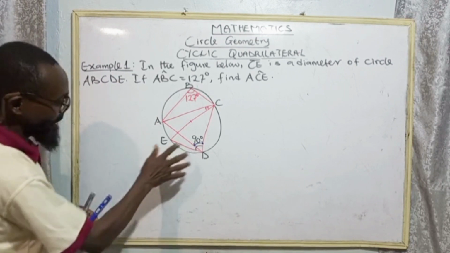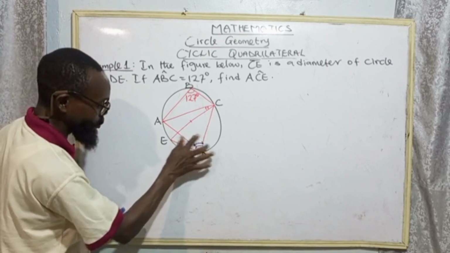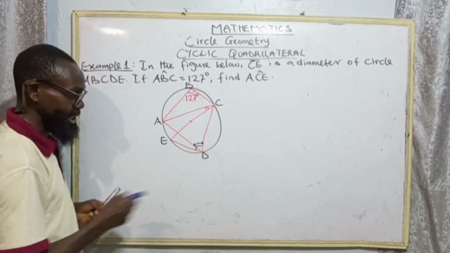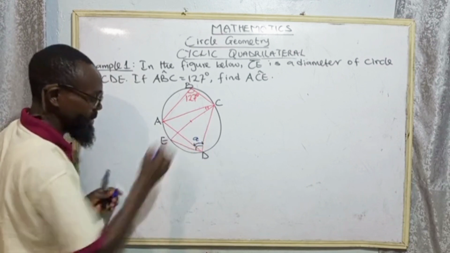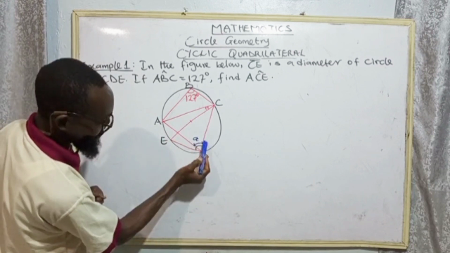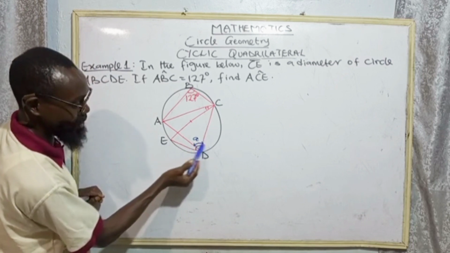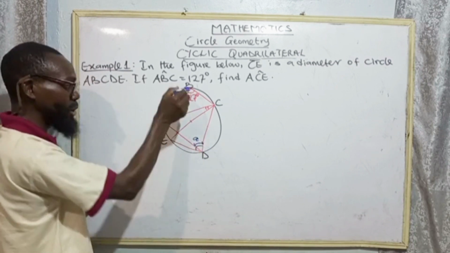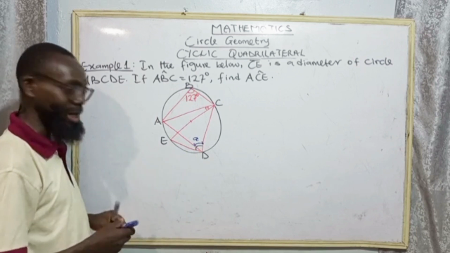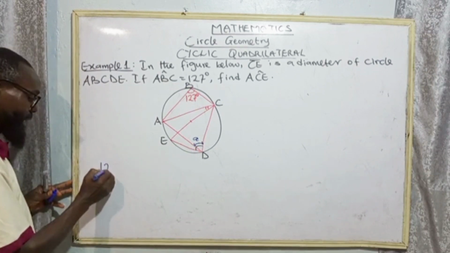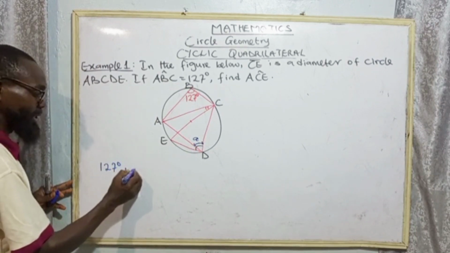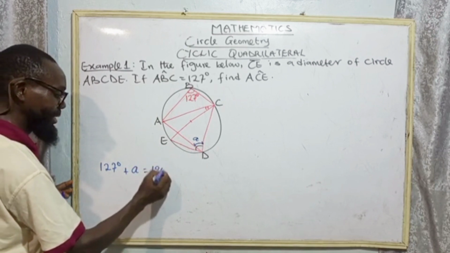Okay, let me remove this 90. I'm still coming back to put it back. This angle here, let me call it angle A. Which means the distance from here to this place where the arrow is, when you sum it up with 127, will give you 180 degrees. 127 degrees plus A equals 180 degrees.